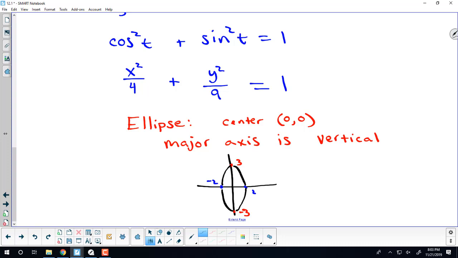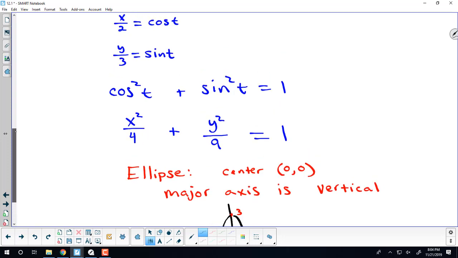It's less exaggerated like that if we were to graph it, because the 2 and 3 are really closer together, but it would almost look like a circle, but it's not. So if the capital A's are different, like one's A and the other's lowercase a, you're going to have an ellipse.